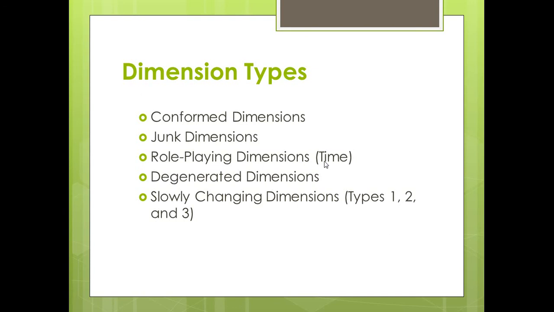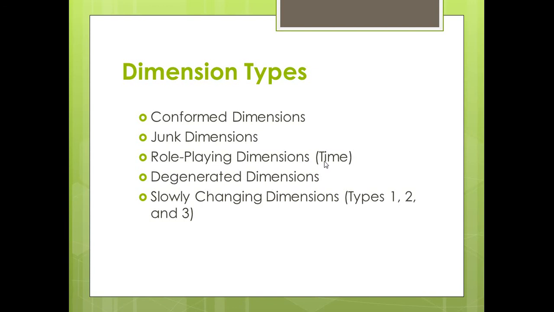And another term you might often hear is degenerated dimensions. A degenerated dimension is a dimension that has its attributes shared and contained within other dimensions. So by only having a foreign key reference to it within the actual fact table and referring from the fact table to these other dimensions, you can get rid of the dimension completely.